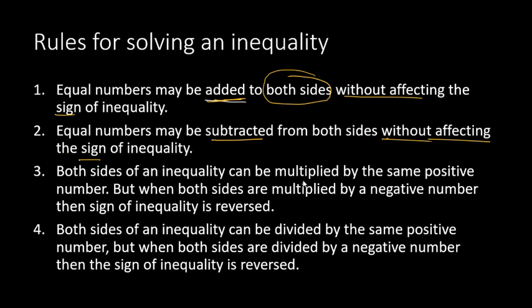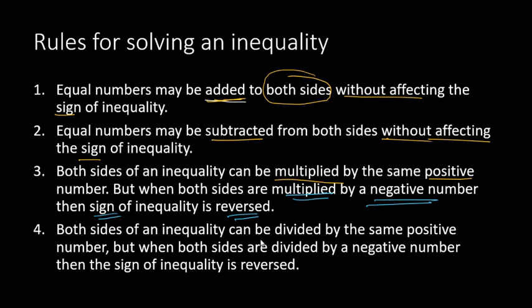Similarly, it can be multiplied by a positive number without affecting the sign of the inequality. But when multiplied by a negative number, the inequality sign is reversed. So that you must remember.